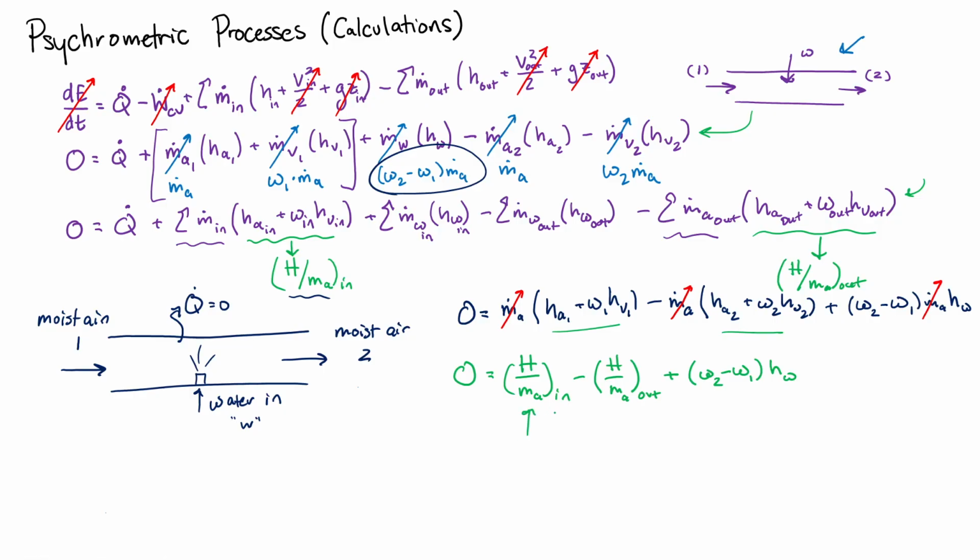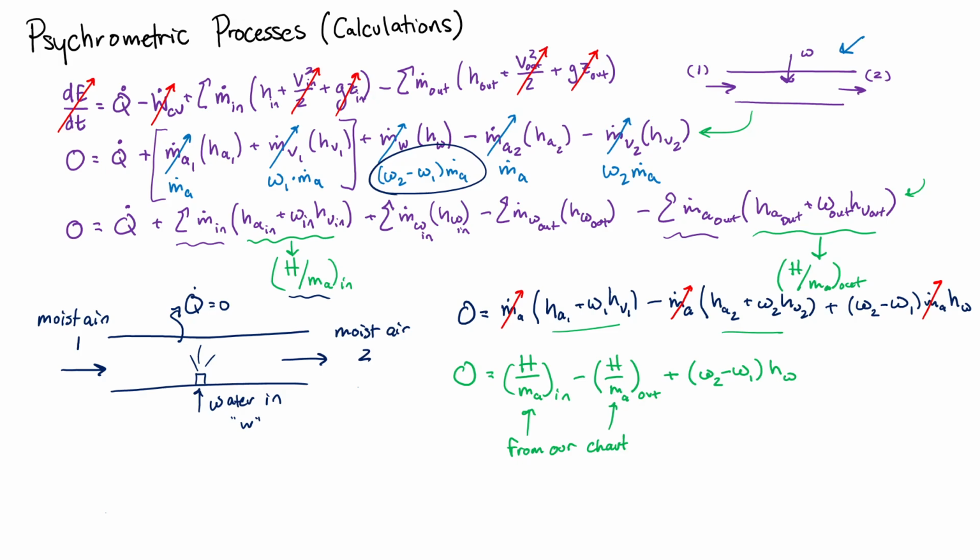Again, reminding us that these two pieces are from our chart. That's the specific enthalpy given from our chart. So that looks pretty easy. And that is our evaporative cooler here.